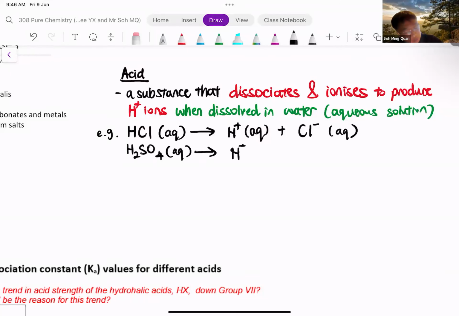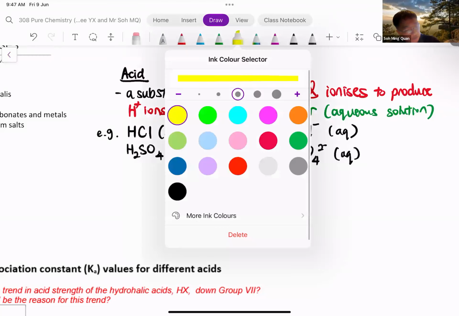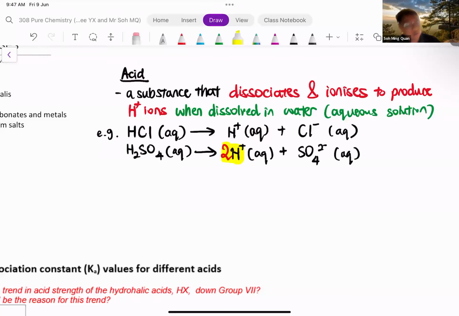Many students will write H2+, which is incorrect. It's H+, but it has double the amount of H+. So please ensure you know that it's 2H+. There's a difference between 2H+ and H2+. The 2 in front just means it has twice the amount of H+.